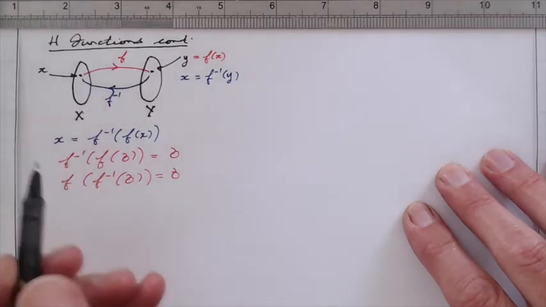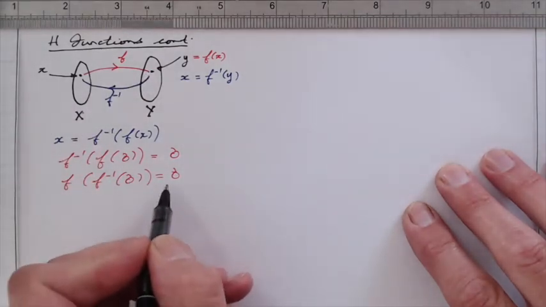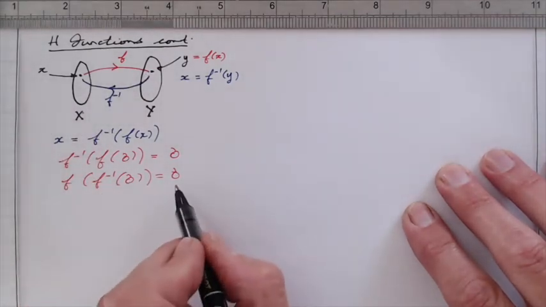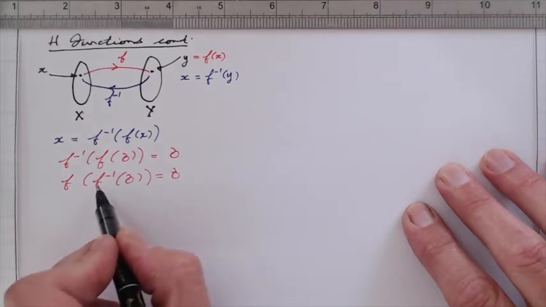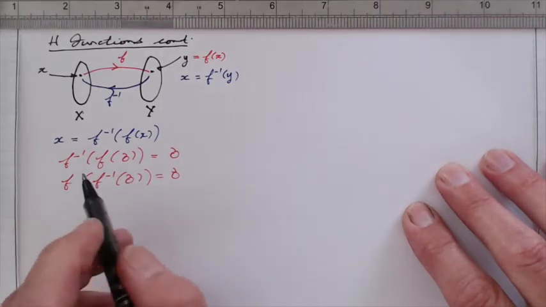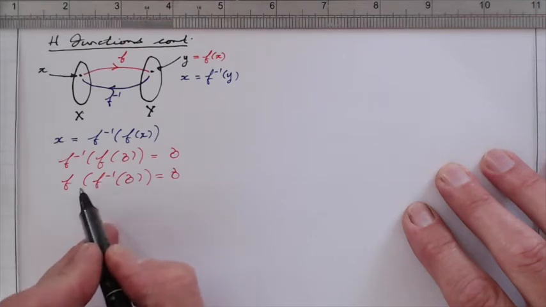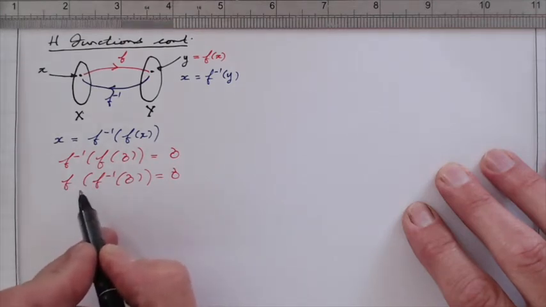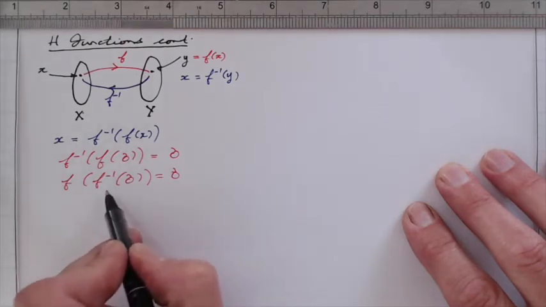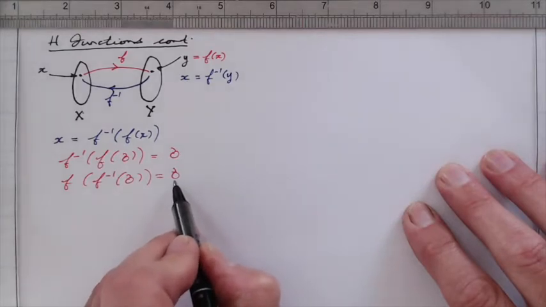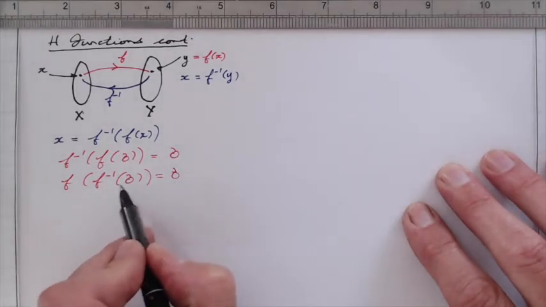But I'm not using y, I'm just using our friendly old symbol apple to indicate the thing that the functions are operating on. So I operate on something with the inverse, and then I operate again as a composite function with the forward function. I again get back the original argument inside.